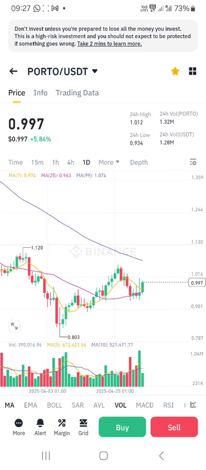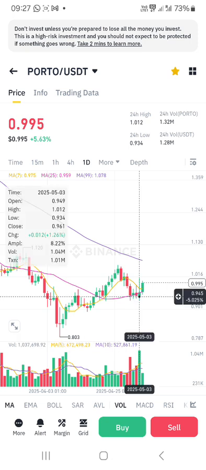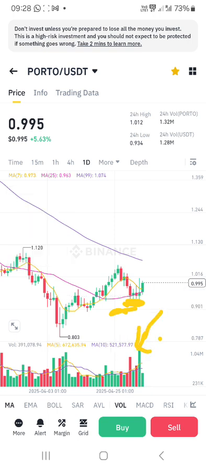Okay, but you can see that here we had a base form. This one didn't even break structure on the daily time frame. So this was only a retest, and after this retest, you see a high volume enter the market here, and then there was a break of the previous day high.